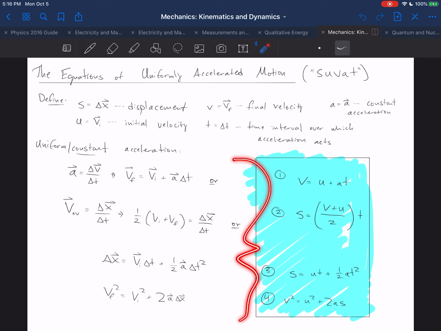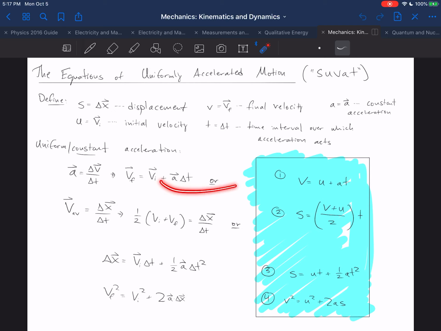These 4 equations are given in your data booklet, and we'll show where they come from in the next couple of videos. Notice that usually I would introduce them using the notation that we have used before. And so in that notation, this particular equation, for example, becomes v final equals v initial plus the acceleration times the change in time.